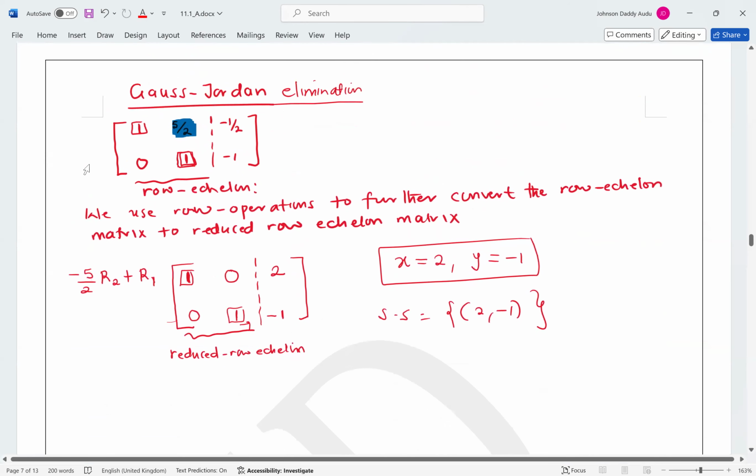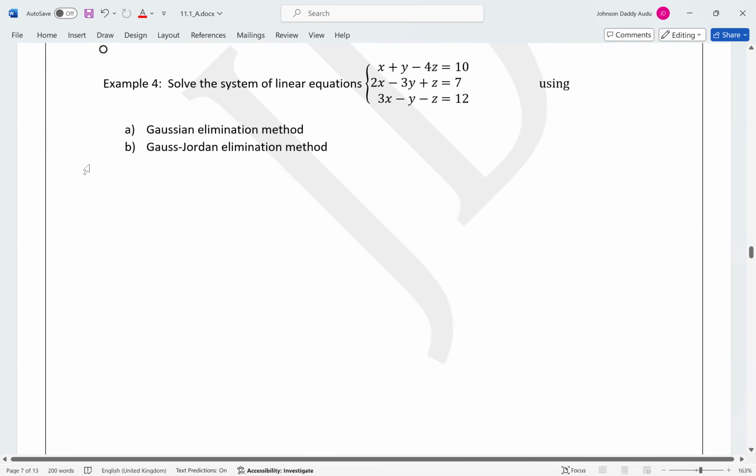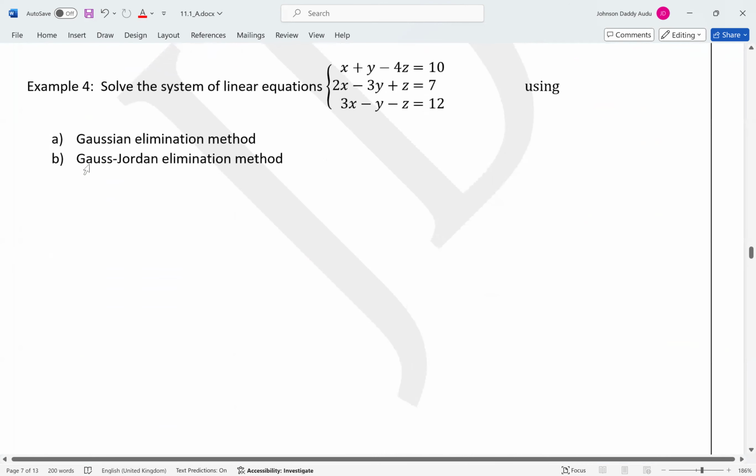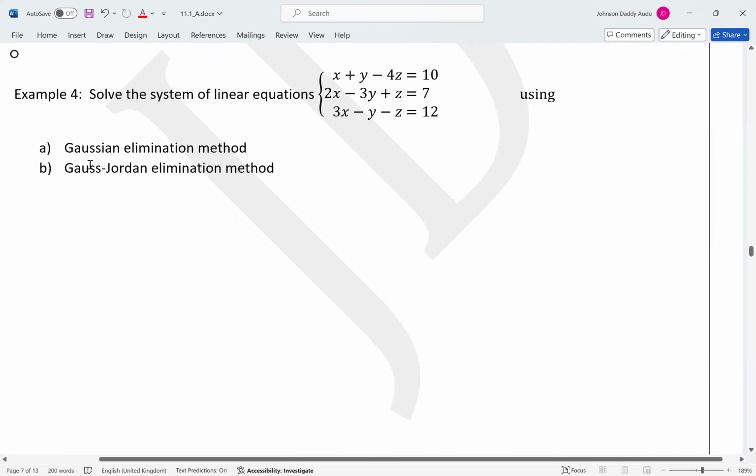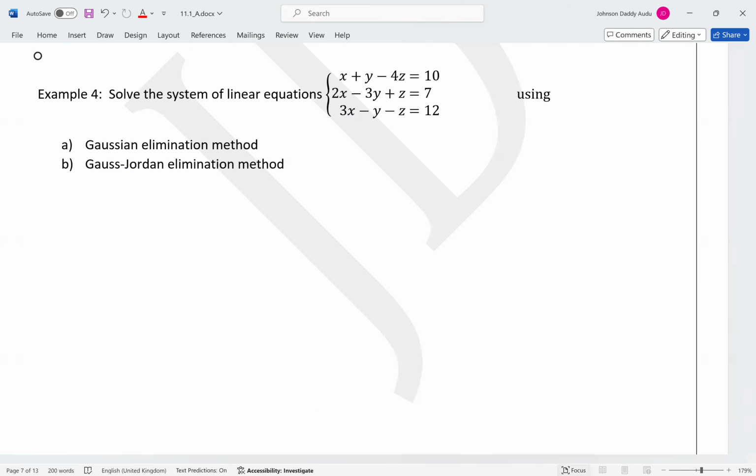All right, so now we have one more example to take on. This is example 4. Here we're dealing with a matrix that is big. So here we have a 3 by 3 system.